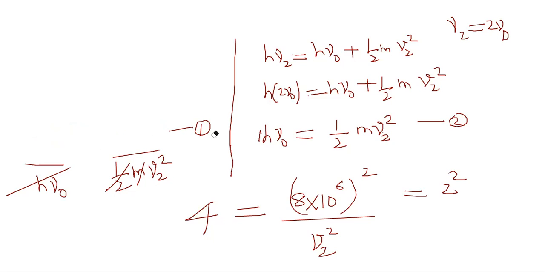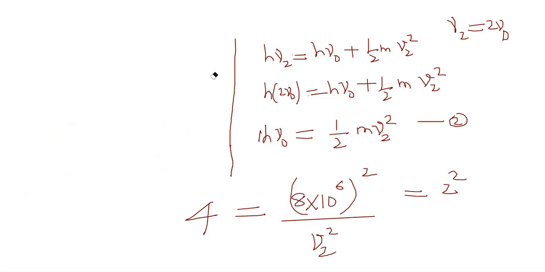What you're going to get is V2 square is equal to 8 into 10 power 6 whole square. Sir, I have a question. Since you're dividing, why can't you cancel the squares?